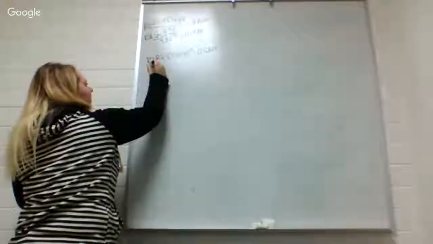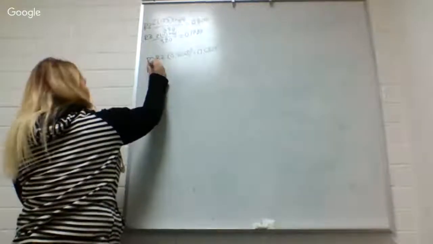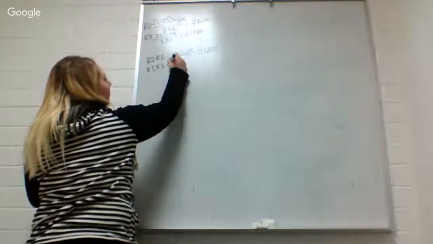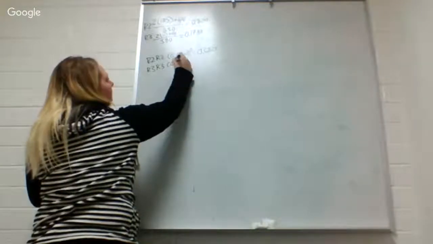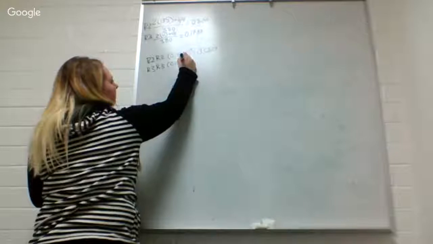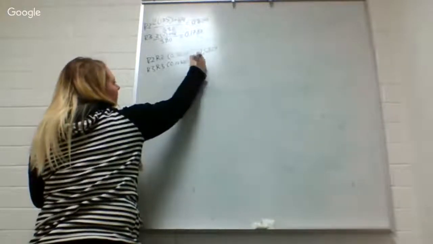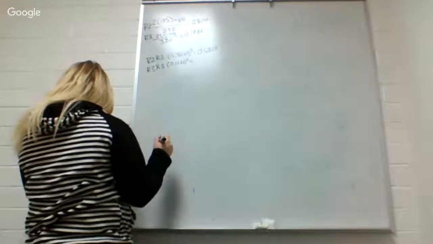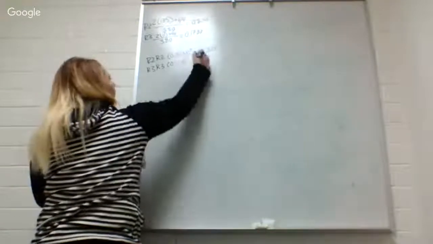And then for R3, bringing this one down again, 0.1737, take that squared, and that'll give us 0.0302.